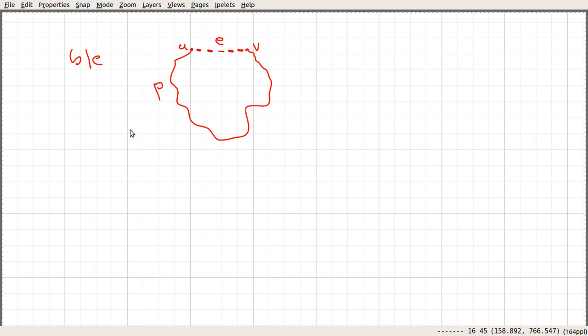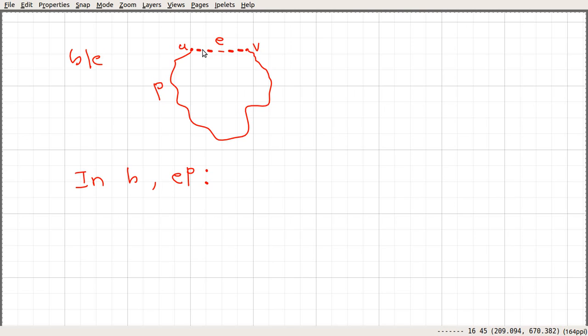Let's go back to G and see what is going to happen. In G, if we combine this edge and this particular path, then we have something like this.